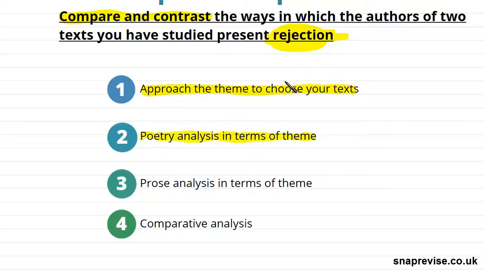And the theme here is rejection. And then step 3 is the prose analysis in terms of the theme. And then finally, we move on to the comparative analysis. It's really important to do steps 2 and 3 before you compare them, because it means that you know about both the piece of poetry and the piece of prose before you move on to comparing them.